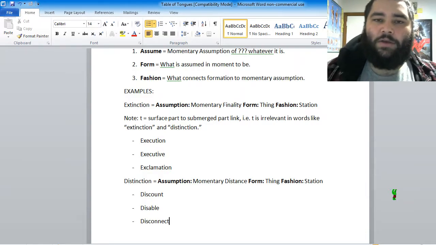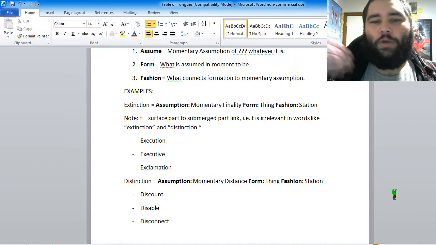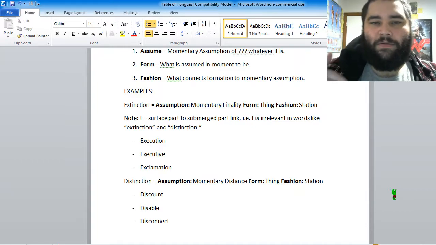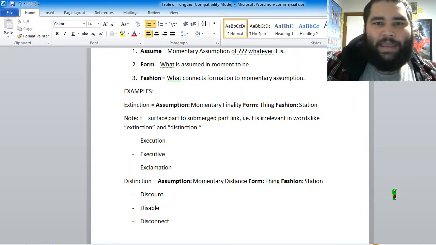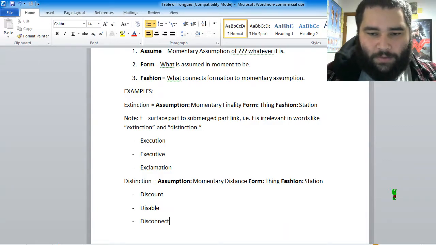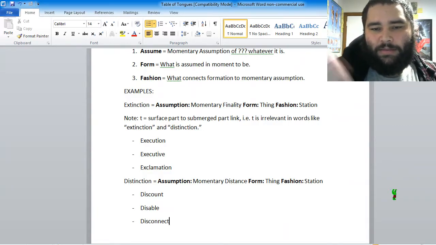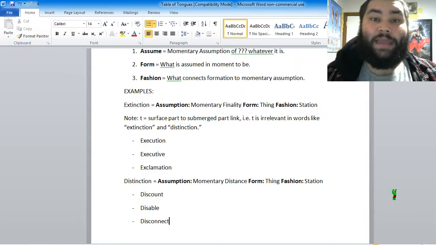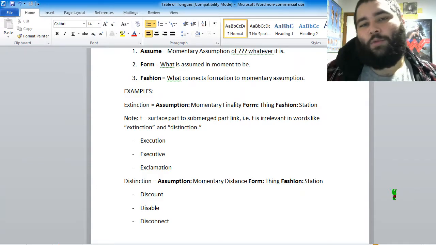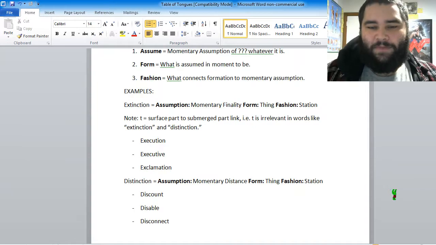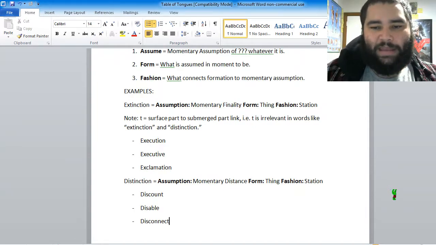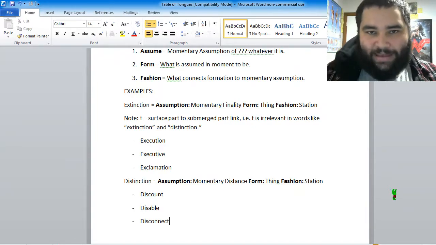Because again, your early man was working off of assumption, working off of instinct, feeling, and because unfamiliar with the object form, right? So it was an assumption of a thing within a station, because early man wouldn't have thought in a sophisticated manner to describe the station as a context.